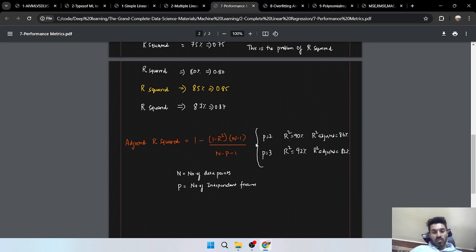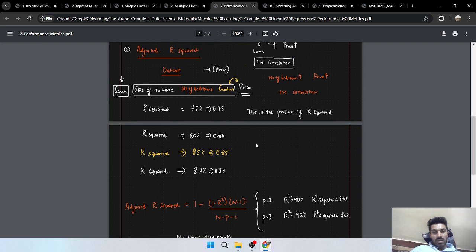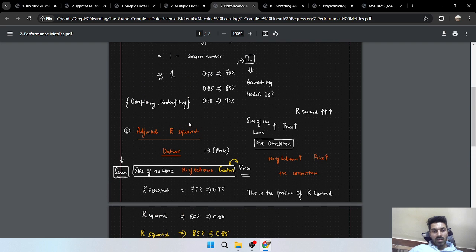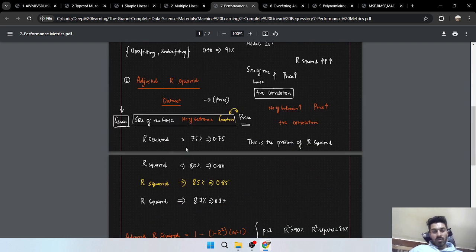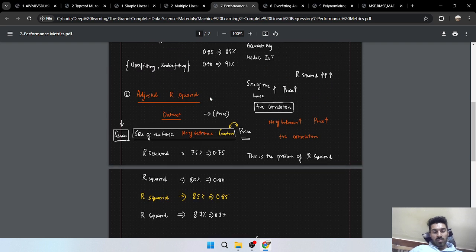Suppose your problem has a feature like the number of rooms, with price as the output, and with only that one independent feature your accuracy comes to 85%. Then you add a second feature, location, which is a good feature and increases your accuracy to 90%. The third time you add a feature like sex, meaning gender, male or female.